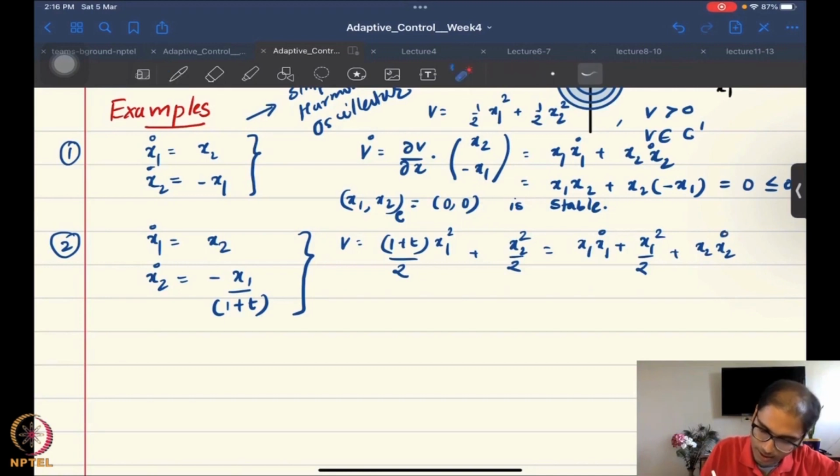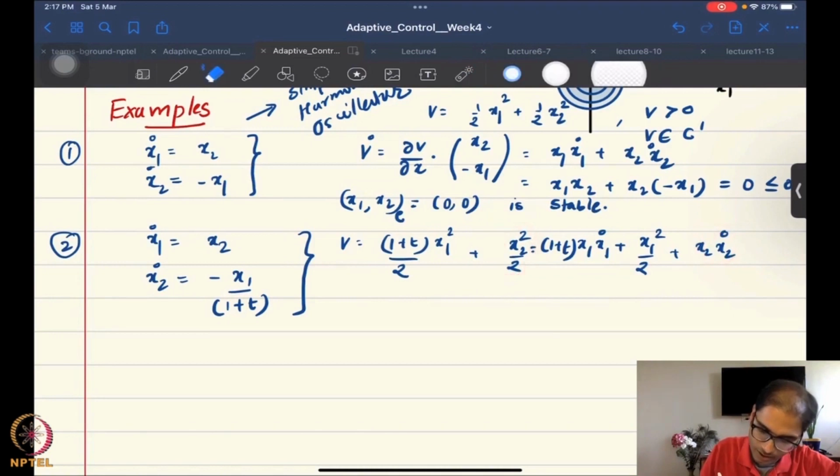I'm sorry, wait a second, I think I missed something here. 1 plus t still has to be multiplied here. So the first term here is obtained by taking the derivative of this x1 squared. The second term here is obtained by taking the derivative of this. And the third term is of course the derivative of this.